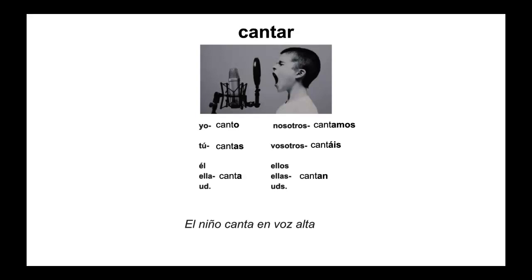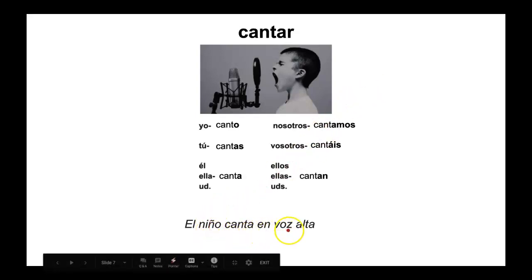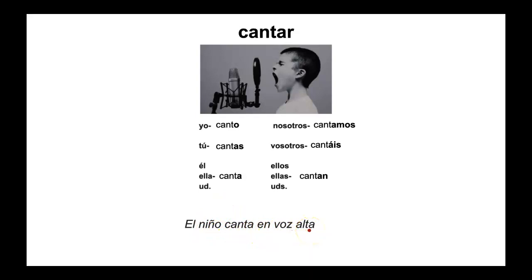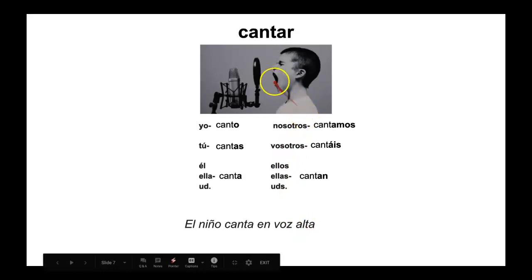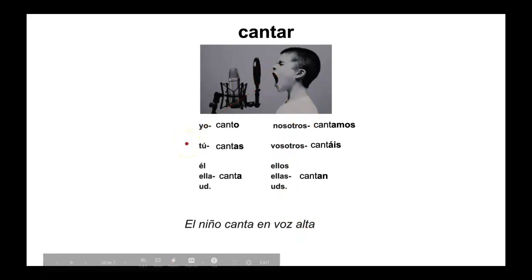Eso es. All right. And let's look at the sentence. El niño canta en voz alta. All right. So that's basically saying the boy sings out loud. And it looks like that he is indeed singing with pasión, with passion, into the microphone.